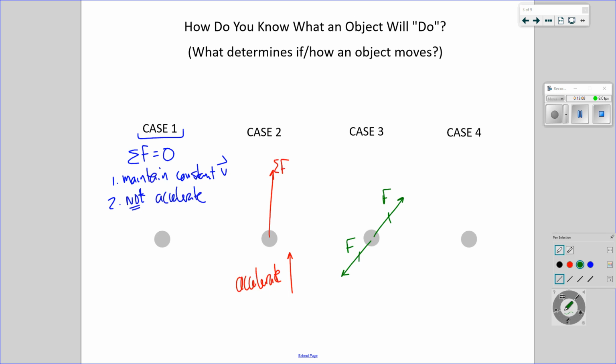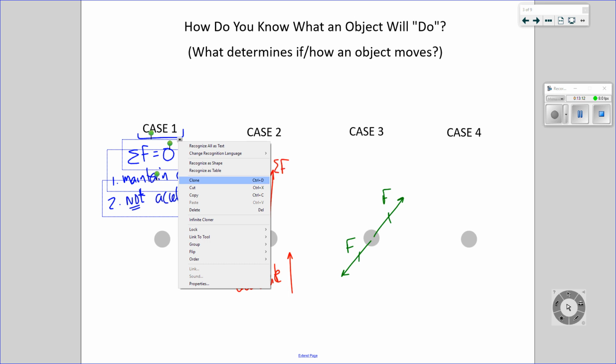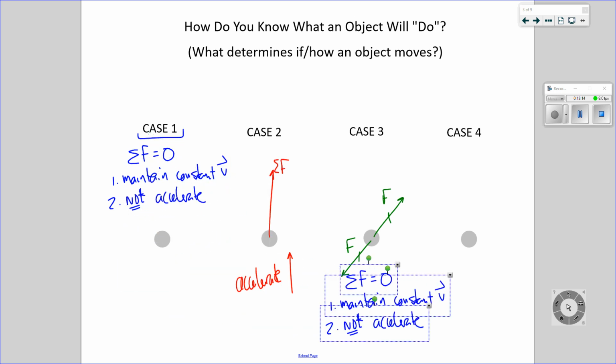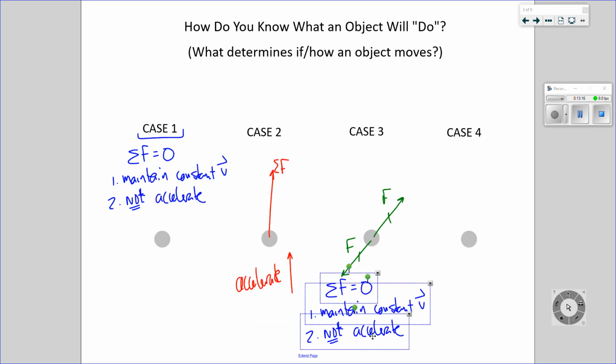This same thing is true. So this object in case 3 behaves just like the object in case 1, in that their state of motion, the velocities of object 1 and object 3, will remain constant. Now, they might not have the same constant velocity, but it will remain constant, whatever it is.